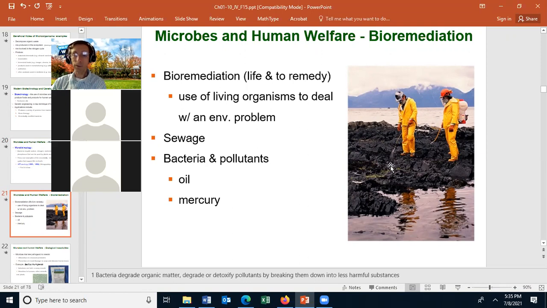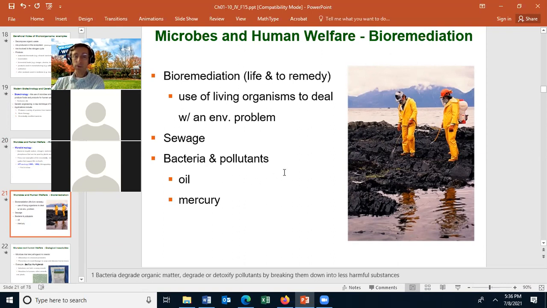So that totally will remove the oil and make it non-toxic, so that other living things can use those nutrients. We can also treat other pollutant spills with microorganisms, and they will make the spill less toxic, such as an elemental mercury spill.